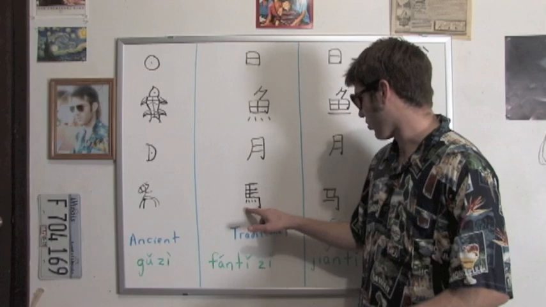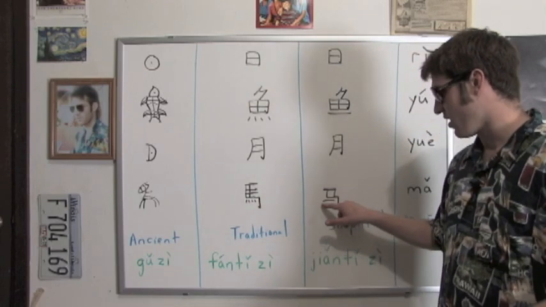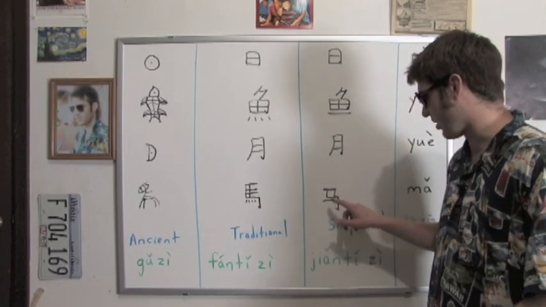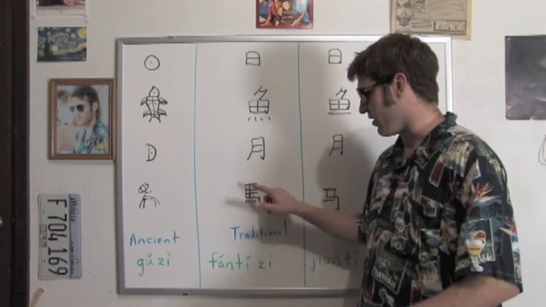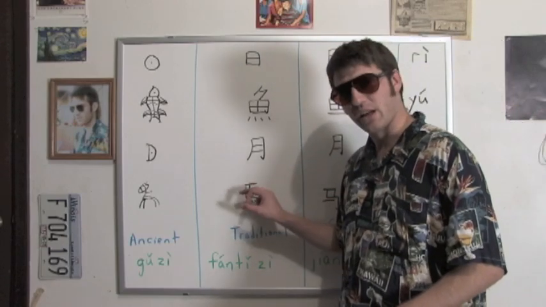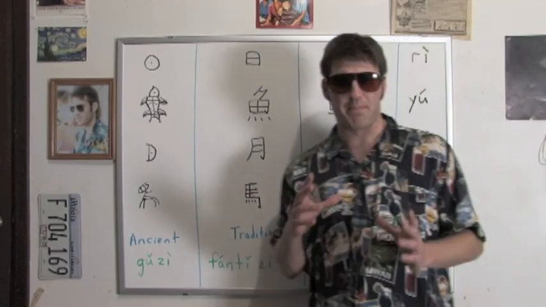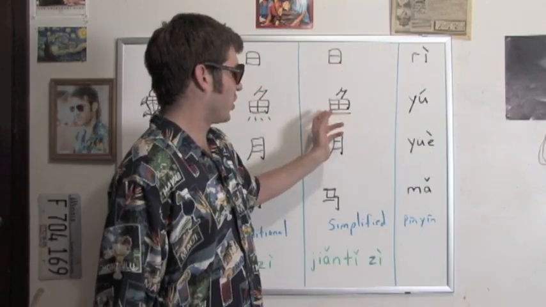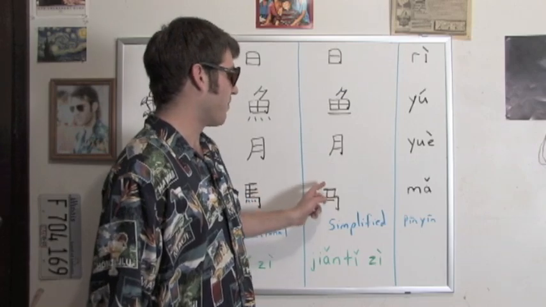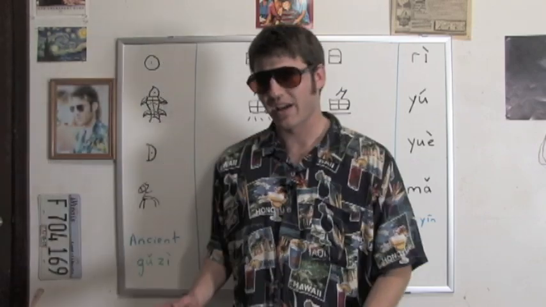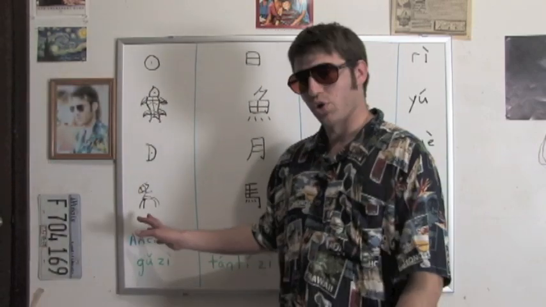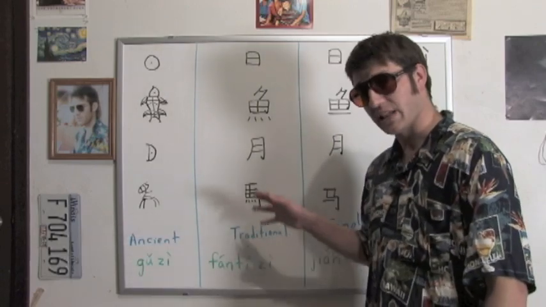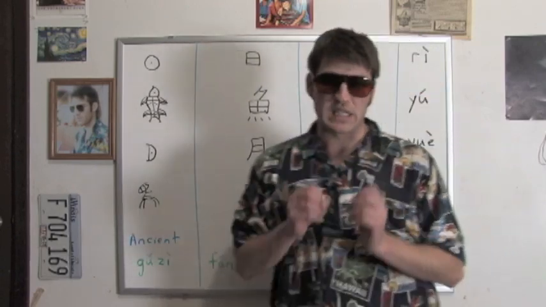So same thing with horse, you can see how they've been replaced with a straight horizontal line, and these strokes inside have been simplified to simply a box. So again, in Pinyin, this would be zhi, yu, yue, ma. So again, we make that progression from gu zi to fan ti zi to jian ti zi.